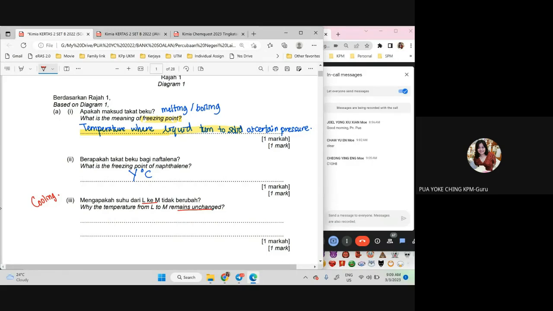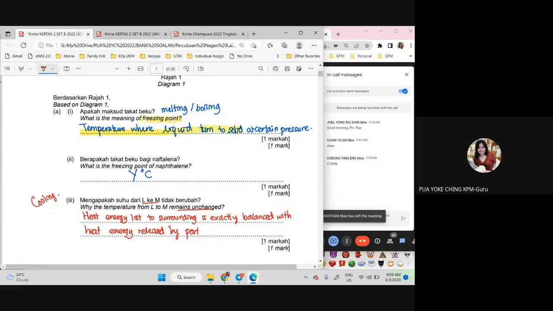So L to M remains unchanged because heat energy loss to the surrounding is exactly balanced with heat energy released by particles. If you look at the answer scheme or the textbook, they write particles.